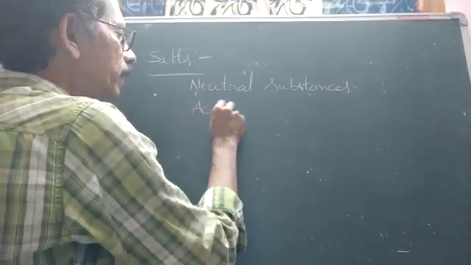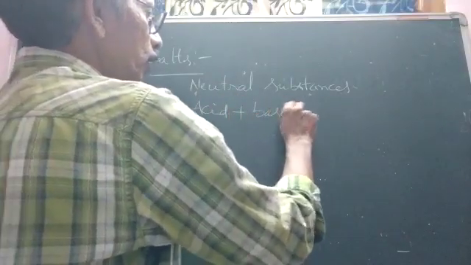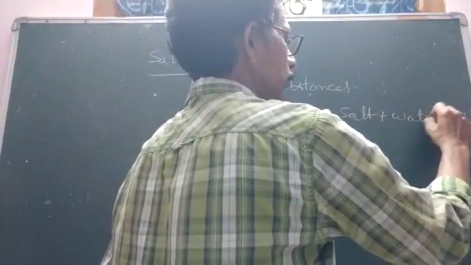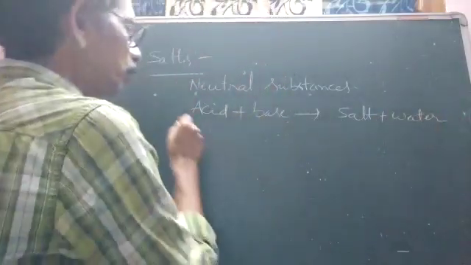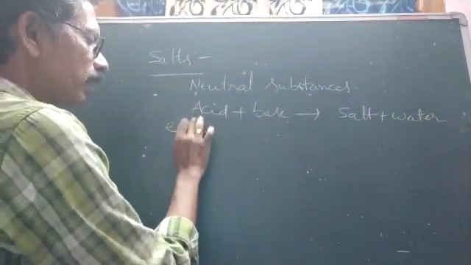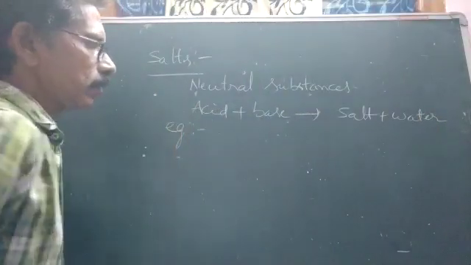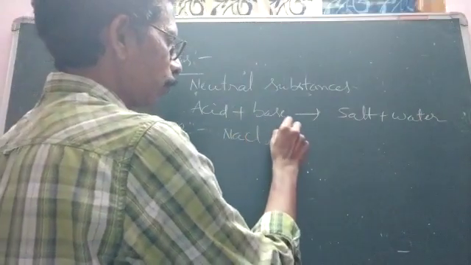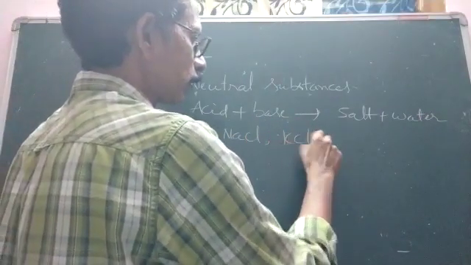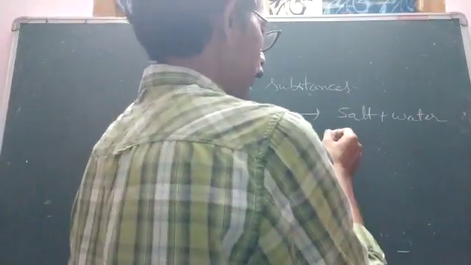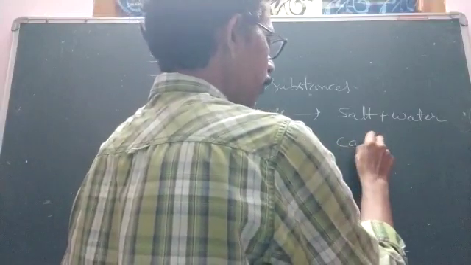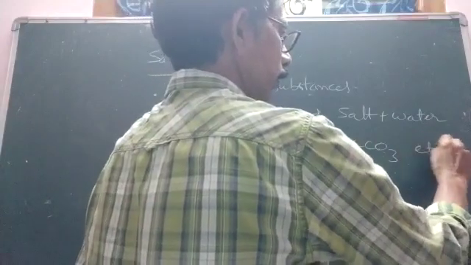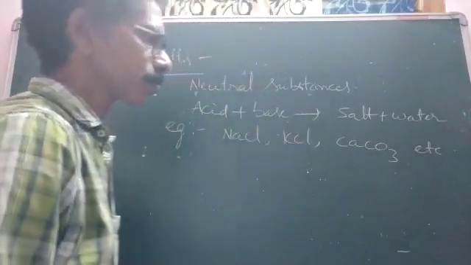Acid with base forms salt. Examples: sodium chloride, potassium chloride, calcium carbonate. These all are salts.